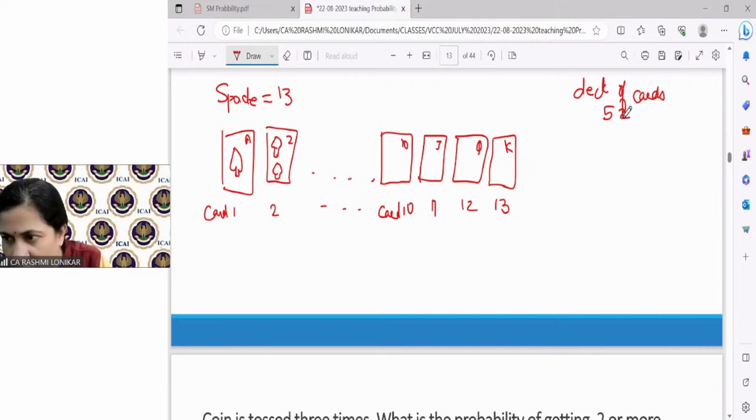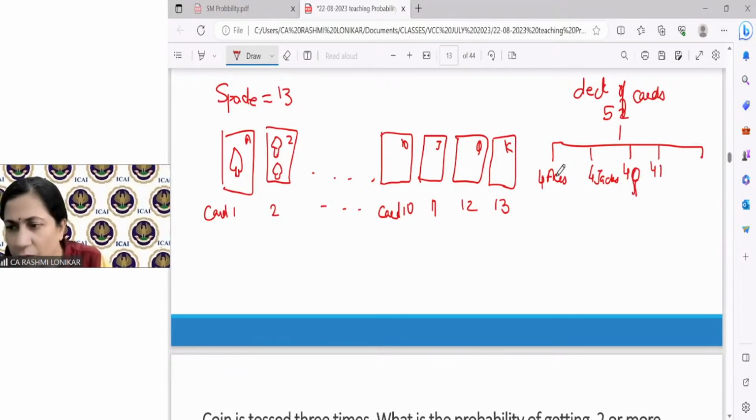So for a deck of 52 cards, what is the distribution? You have 4 aces, 4 jacks, 4 queens, 4 kings, 1, 2, 3, 4. How many are there? 12, 16. So out of them, the remaining will be the number cards.